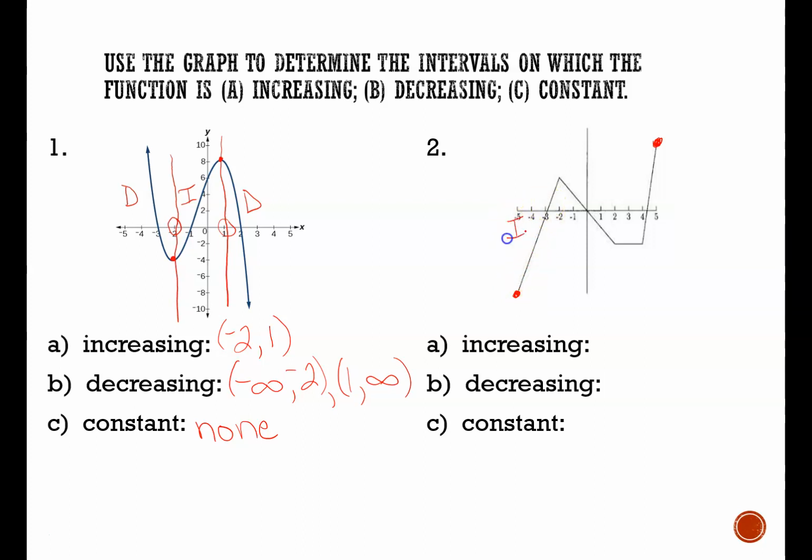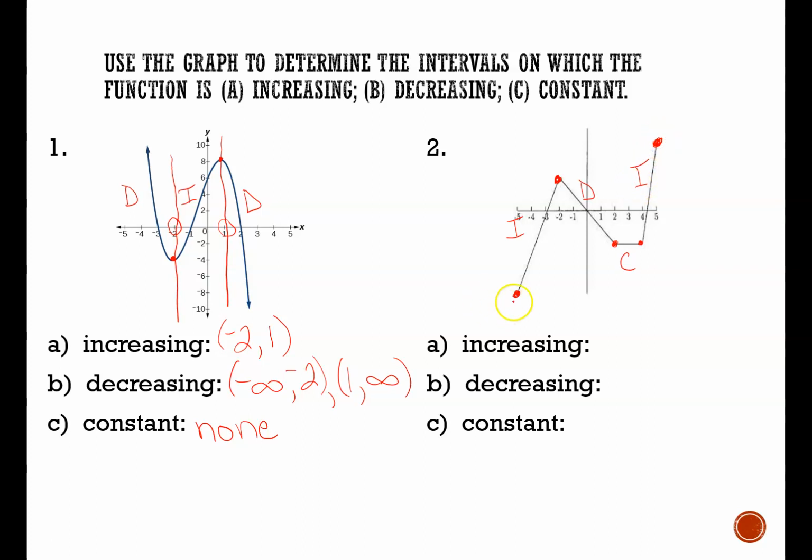We are increasing until we get here. And then, as we continue to the right, it's now going down, so it's decreasing till we get to this point. Then the graph stays horizontal, which means it's constant from this point to this point. And now it increases until you get to the rightmost point.